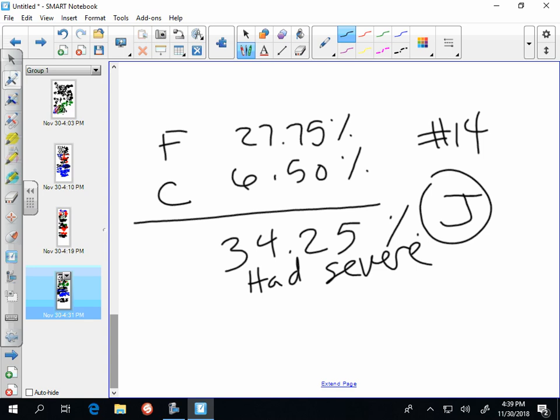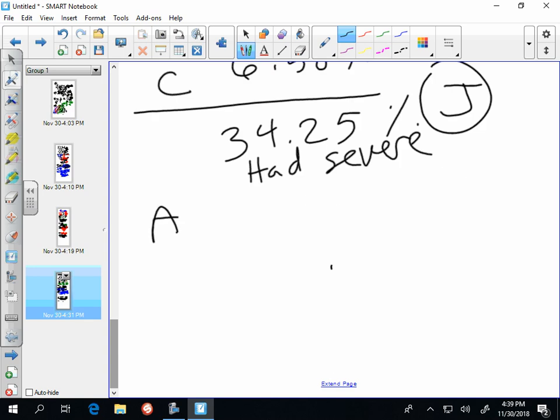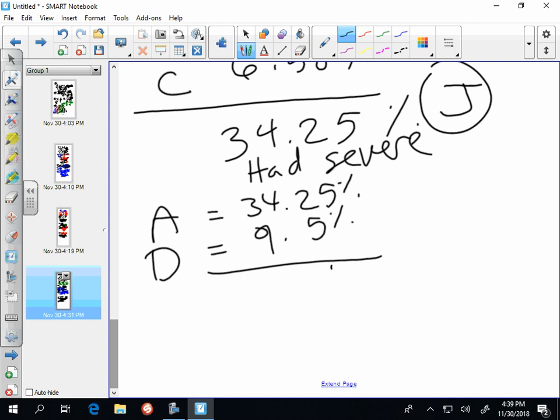It looks like that's Group A and Group D. Group A had 34.25%. Group D had 9.5%, or a total of 43.75%. Remember, these are people who had mild or no side effects.